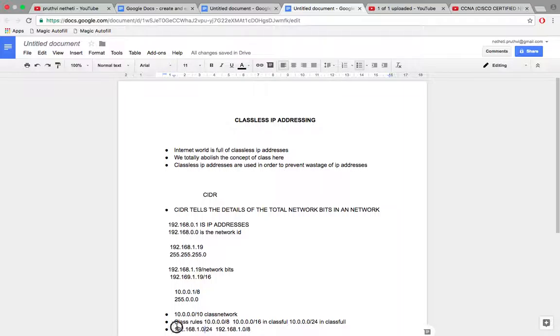So this is a classful IP address. 192.168.1.0/8 has a subnet mask of 255.0.0.0. If we write this IP address as classful, it is wrong, because the subnet mask of a classful 192 address is 255.255.255.0, or /24, but here it is /8. So this becomes a classless IP address.